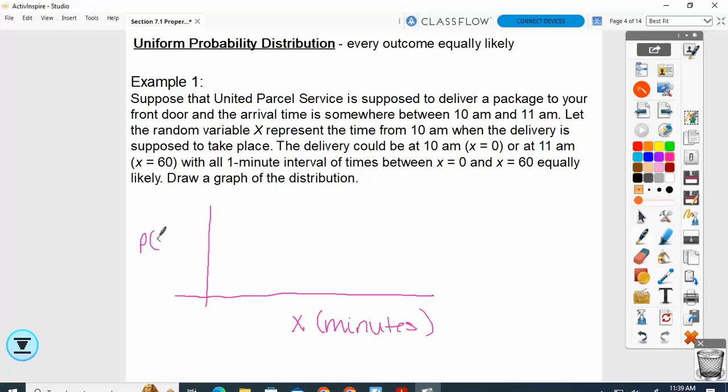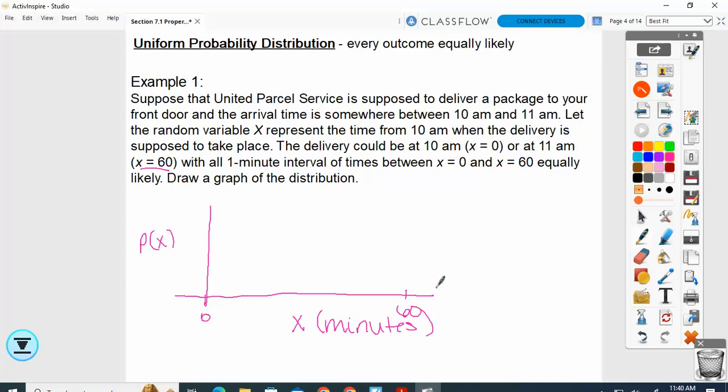And this is our P of X. Okay, so X could be anything between 0 and what? 60, because we're going from 10 to 11, so 60 minutes. Alright, and I could put a tick mark for every single one there. How would I find the probability of each individual minute? So we know the total probability is 1. And how big is our interval?